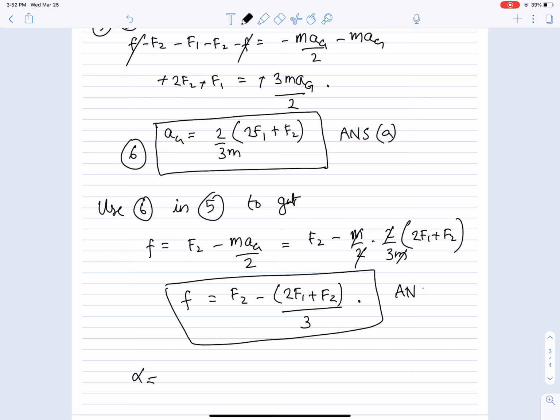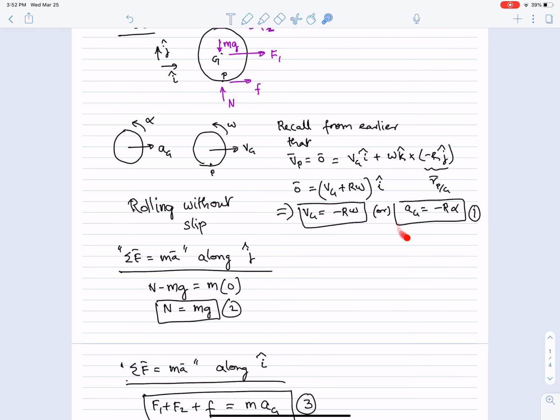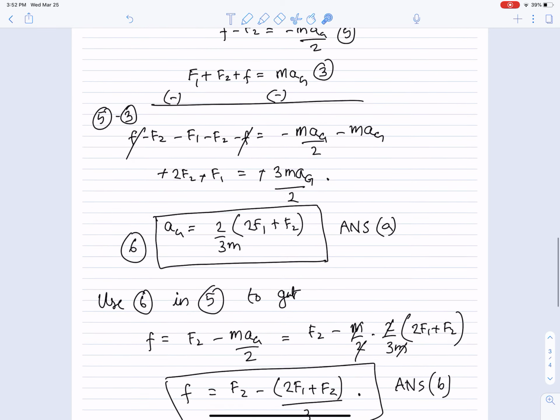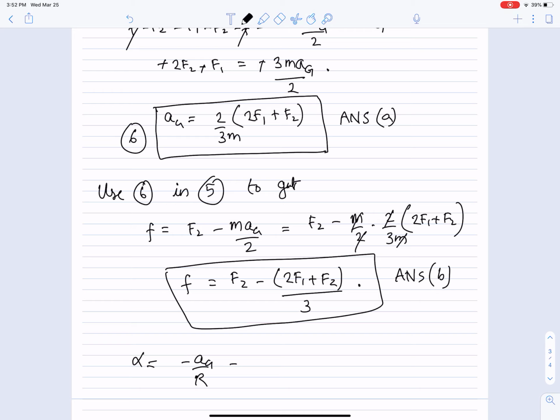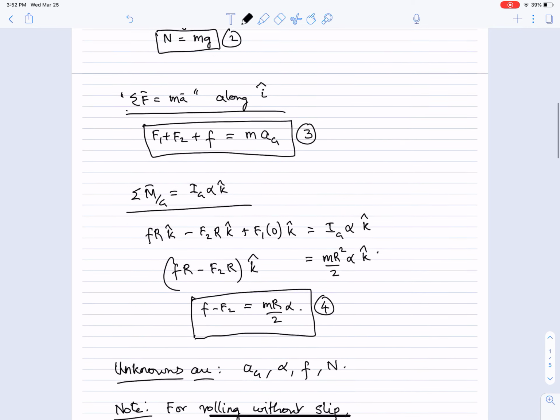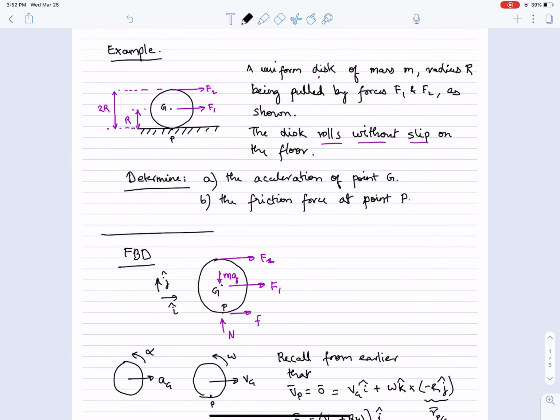So this would be the answer to B. Angular acceleration would be essentially minus Ag over R from equation number 1. And that's pretty straightforward here, which is just going to be equal to minus 2 over 3MR times 2F1 plus F2. Okay, so that's going to be your alpha. Not officially asked for, but we can compute it if necessary.